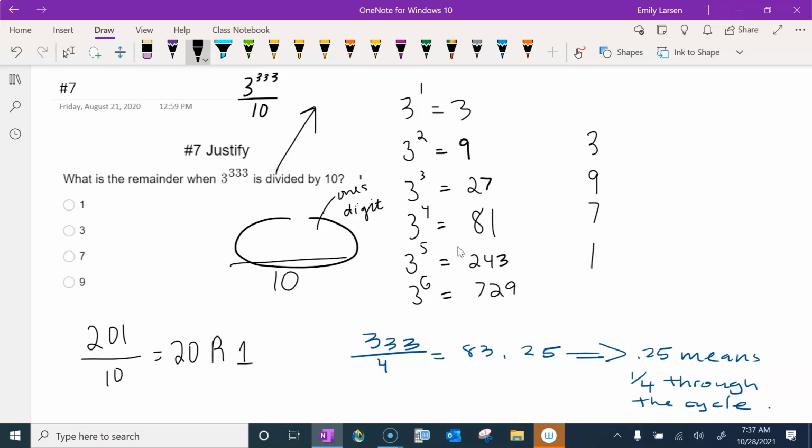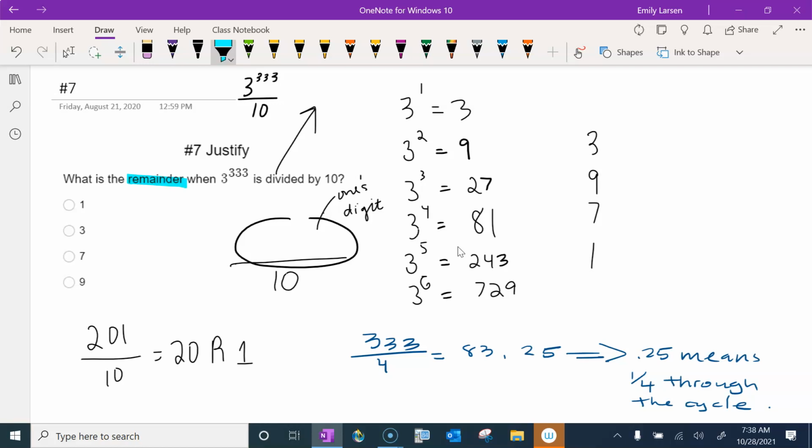That makes sense to me because 10 goes into a number and whatever is the remainder is going to live in the ones digit, because if it was divided evenly, it would end up being a 0 there. So anything that's not 0 in the ones place is going to be the remainder. And I need to know this because I'm studying the remainder of this quotient.